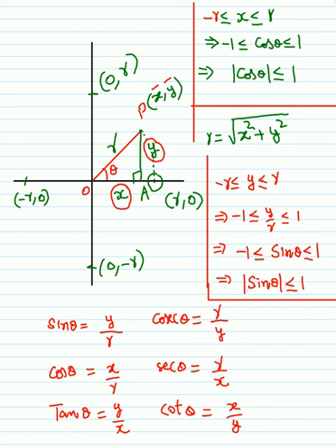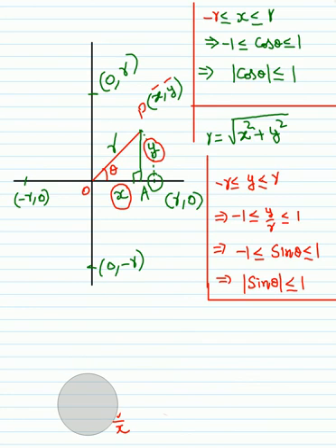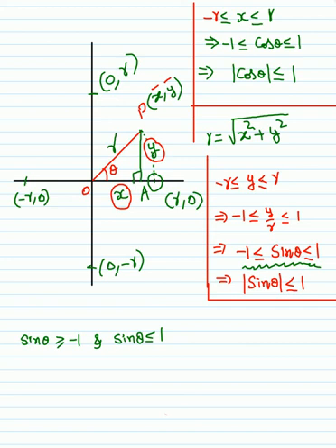Now, what about secant and cosecant? What about their values? Let us see. From this, sin theta is greater than or equal to -1, and sin theta is less than or equal to 1.